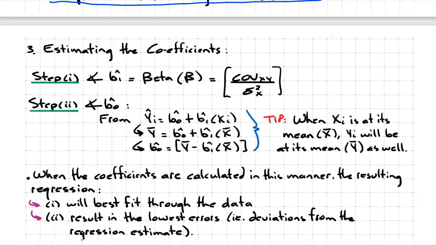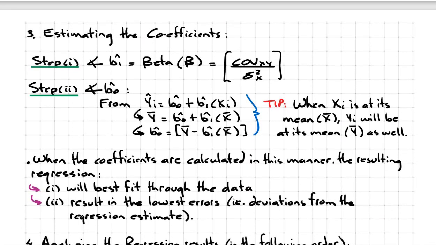So the first coefficient we calculate is actually the slope coefficient, so it's beta 1. The way it's found is it's the covariance between x and y, so the co-movement between x and y, divided by the variance of the independent variable.